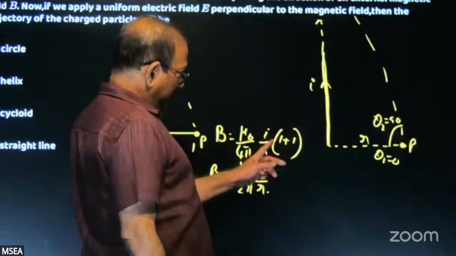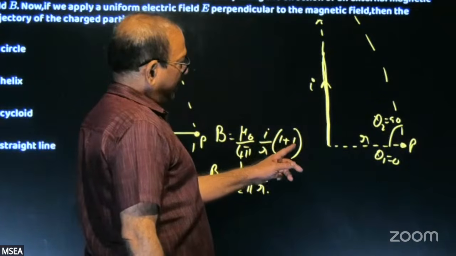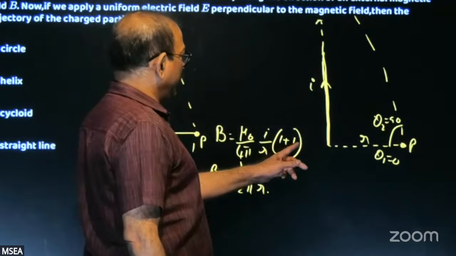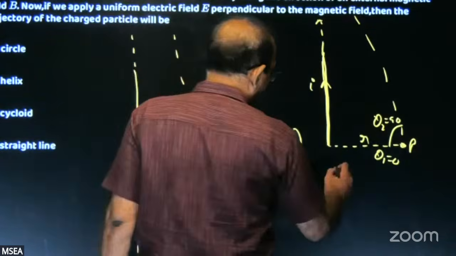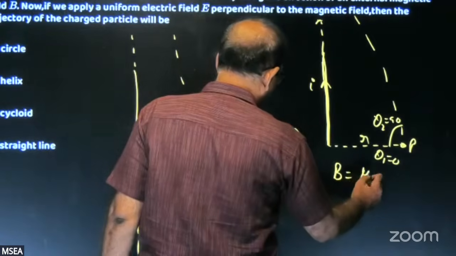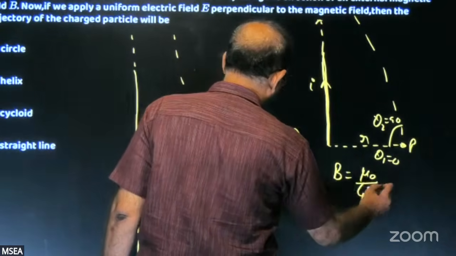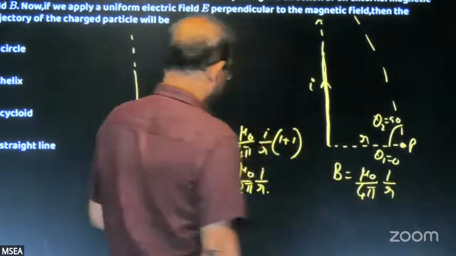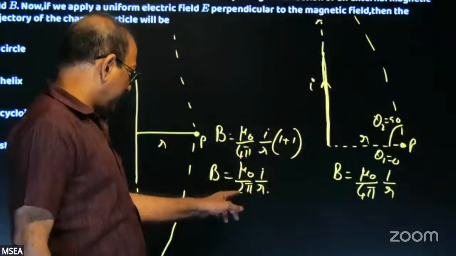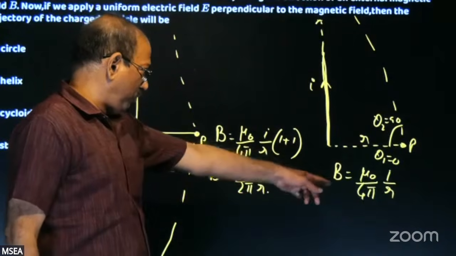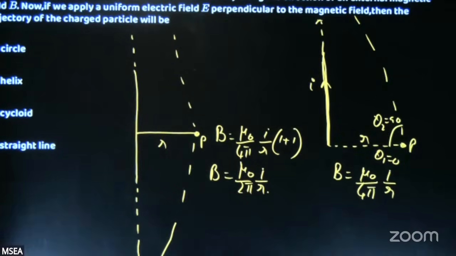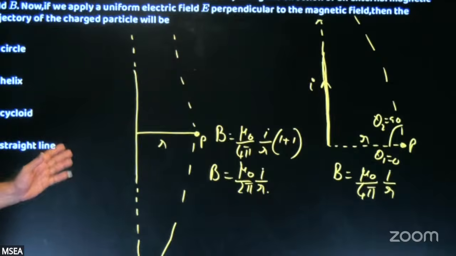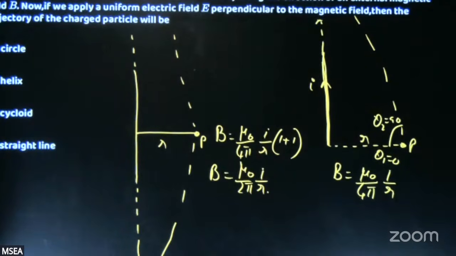That's why sine 0 plus sine 90. Sine 0 is 0, sine 90 is 1. 0 plus 1 is 1. So magnetic induction here is mu naught by 4 pi into I by R. In the infinite case, 1 plus 1 is 2, which cancels to give 2 pi into I by R. Here it is 4 pi into I by R. This is the magnetic induction due to a straight wire of semi-infinite length.